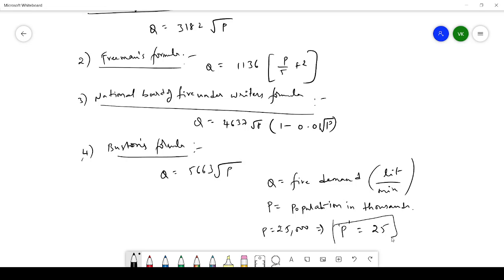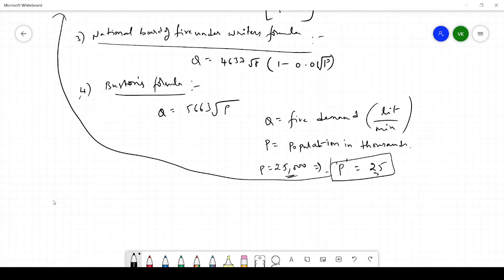The P value will become 25 only in the case of these fire demand formulae. Don't assume that it is applicable for all formulae. This is applicable only for these four methods. While substituting the P value in these four methods, we have to substitute it in terms of thousands. If it is 25,000, you have to substitute it as 25, right?